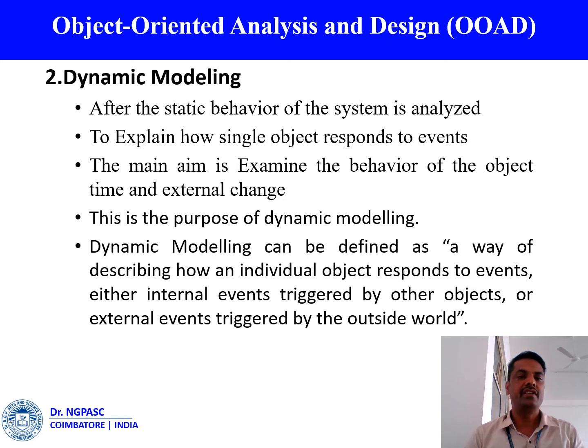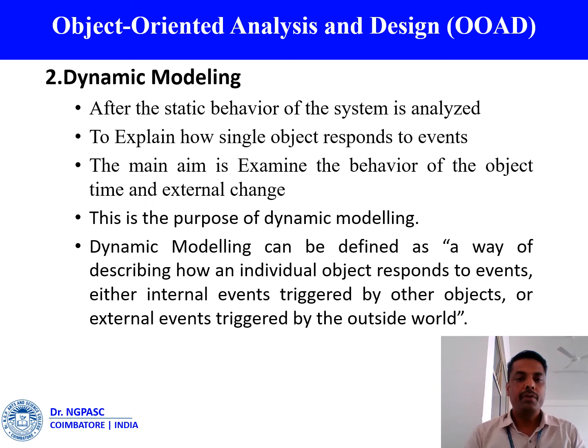Next, we can see the second technique, that is dynamic modeling. After the static behavior of the system is analyzed, dynamic modeling explains how single objects respond to events. The main aim of dynamic modeling is to examine the behavior of the objects over time and external changes.